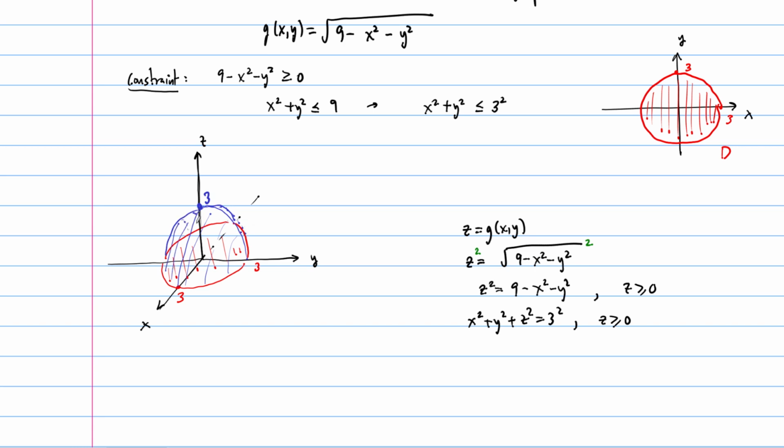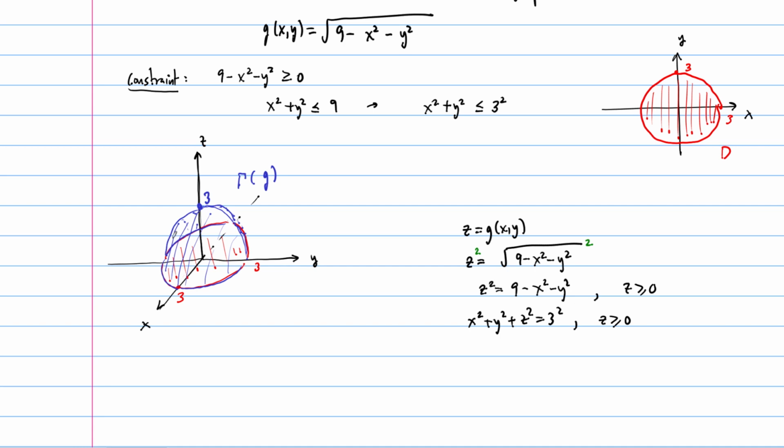So all the points in this red disk that were the domain get pushed up to form the surface of the sphere. So this blue graph here, this is the graph of g. And by the way, it leaves the points on the boundary alone. So there you go, there's the graph of this function. This function, its graph is a hemisphere.